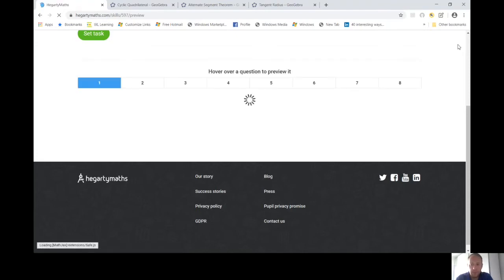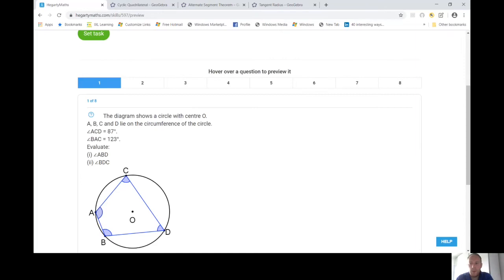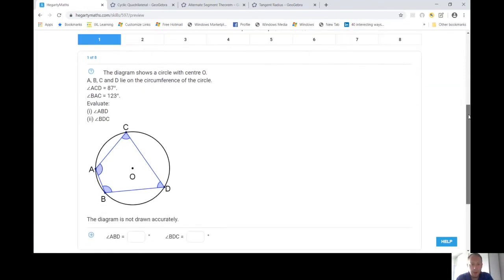Now, fingers crossed, if this works, I should be able to write over the top of it. Okay, so it's my computer being really slow.